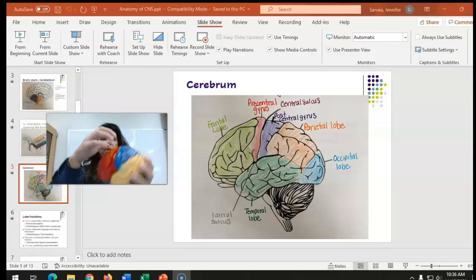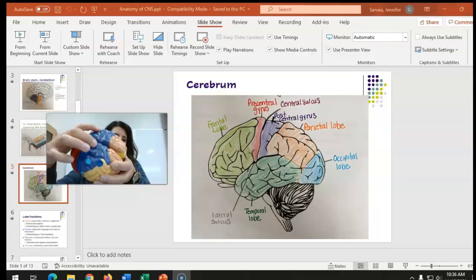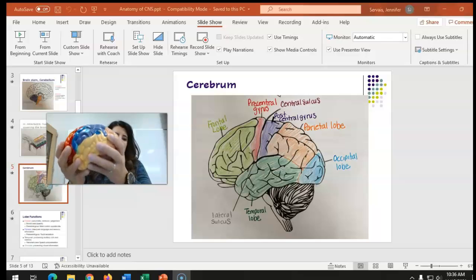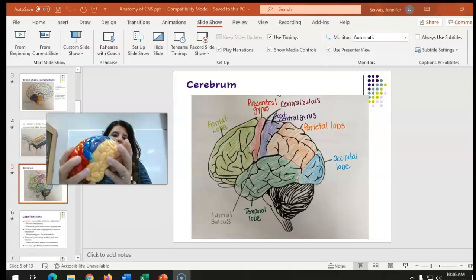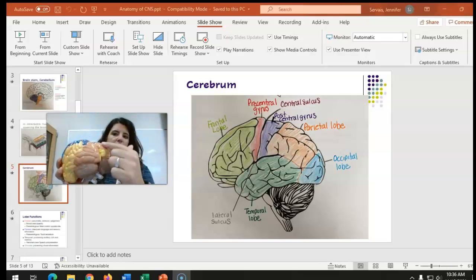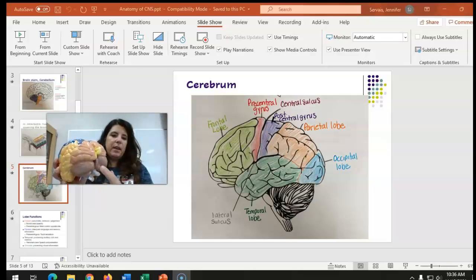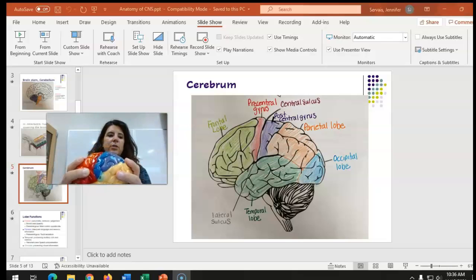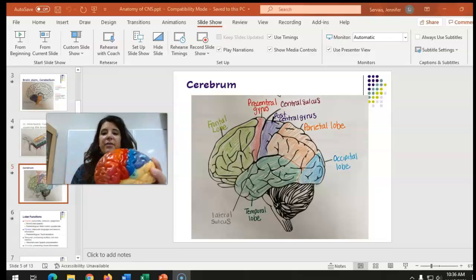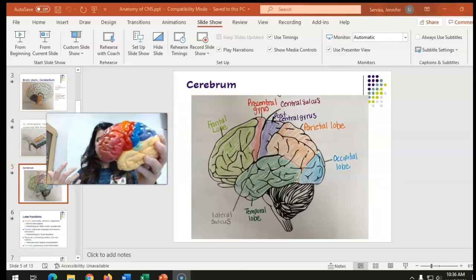There is the parietal lobe, which is going to be up on top here. Then there's the temporal lobe, which is in yellow. And then also the occipital lobe, which would be the lobe that's in the back, just superior to your cerebellum. Each lobe is going to have a different function, a main job that it has.